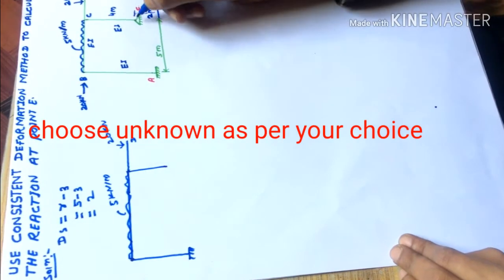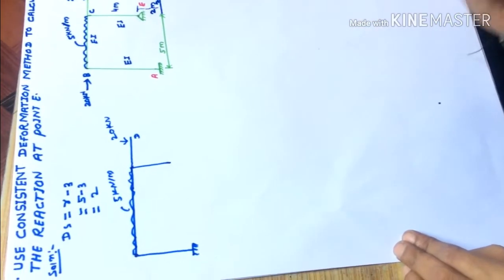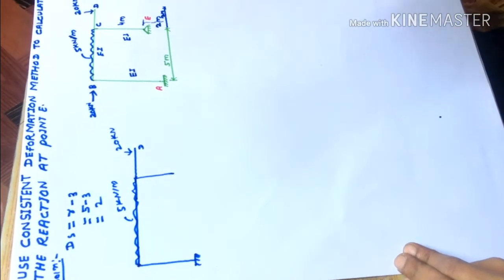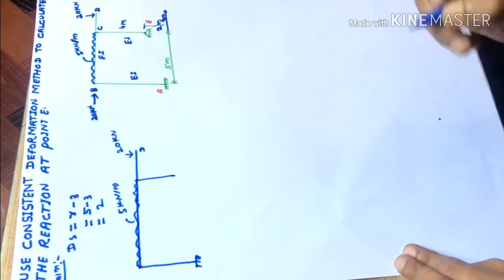So we know we have to remove 2 restrictions because the degree of static indeterminacy of this frame is 2.